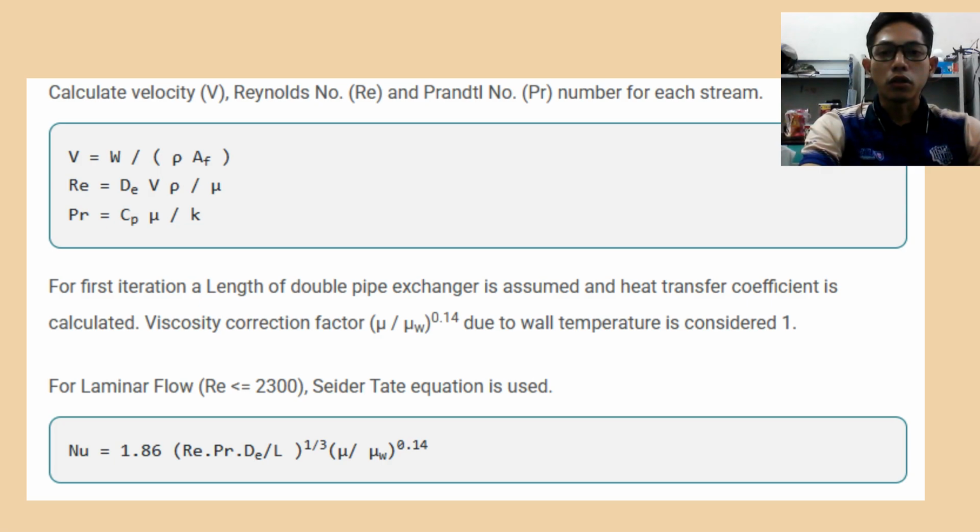Calculate velocity, Reynolds numbers, and Prandtl numbers for each stream. For the first iteration, a length of the double pipe exchanger is assumed and the heat transfer coefficient is calculated. The viscosity correction factor due to wall temperature is considered 1. For laminar flow, Reynolds less than 2300, the Sieder-Tate equation is used.